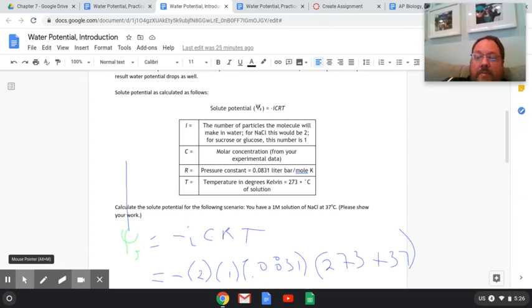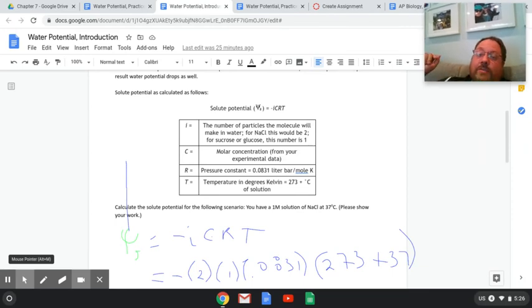So on the AP exam, they could ask you what influences something like solute potential. They're not asking you to necessarily memorize it. They want you to be able to look back at the equation and make sense of what the equation is telling you. That's what that problem is about. Okay? So when they ask what influences solute potential, if you don't know it off the top of your head, use your equation sheet as a resource.